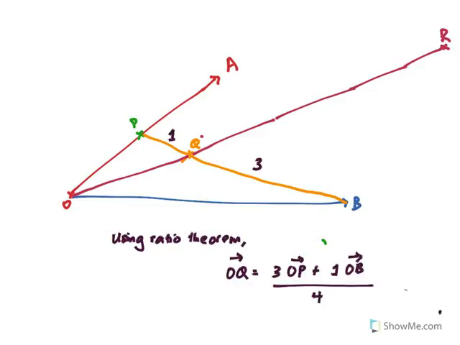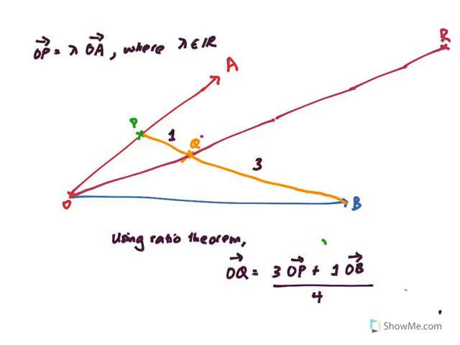Then that gives us a problem because we don't have an answer for OP. So maybe we work backwards, because we know that OP is a scalar multiple of OA. So we say OP equals λ OA, where λ is a real number.